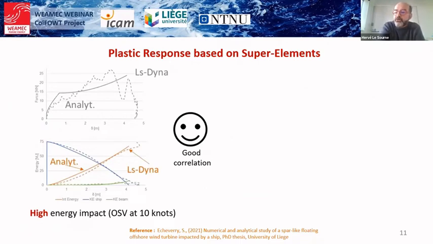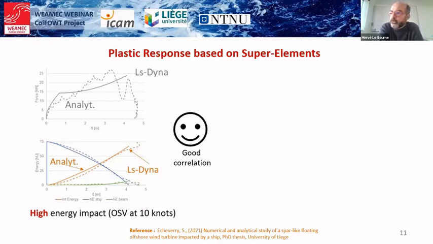In the frame of a PhD thesis, all aforementioned analytical developments have been implemented in a solver and confronted to finite element simulations. Here, a wind turbine is collided by a rigid offshore supply vessel at 10 knots, and the force penetration curves are compared in the upper graph, while the energy penetration curves are compared in the lower graph.